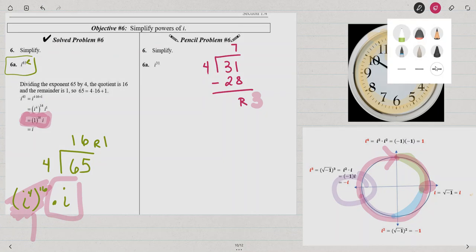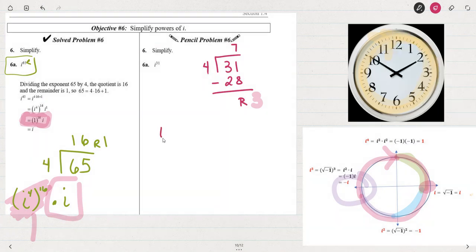So maybe this is what will make more sense to some students. I could write i to the 31 as, I'm looking at getting rid of any power of 4. So I could get 7 powers of 4. 4 times 7 is 28. So there's 28 of the 31. And what is that?